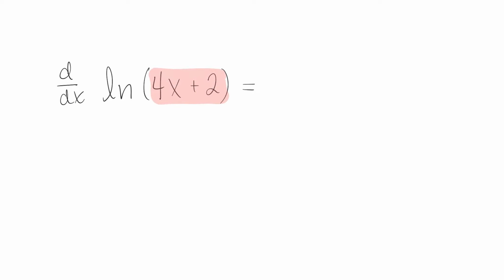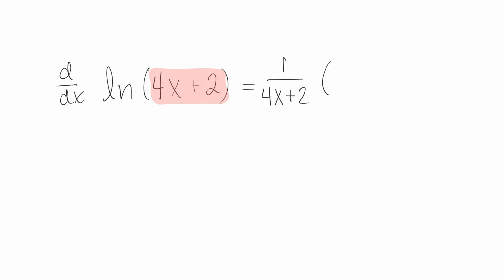Okay, what if we have the derivative of the natural log of 4x plus 2? So this time our x is 4x plus 2. So the derivative is going to be 1 over 4x plus 2 times the derivative of 4x plus 2.